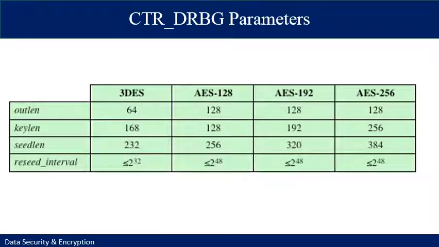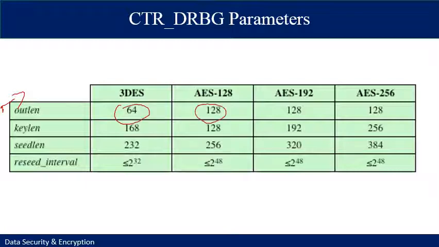So in this case, 4 parameters are associated with the algorithm. The first one is output block length, referred to as outlen. The length of the output block of the encryption algorithm is defined by this parameter, and in Triple Data Encryption Standard it is 64 bits by default.